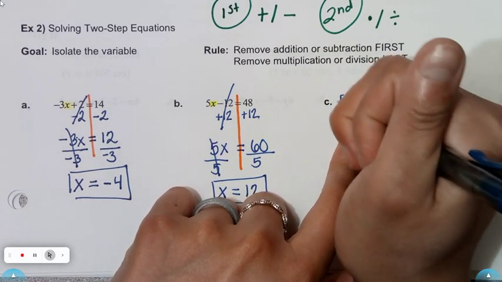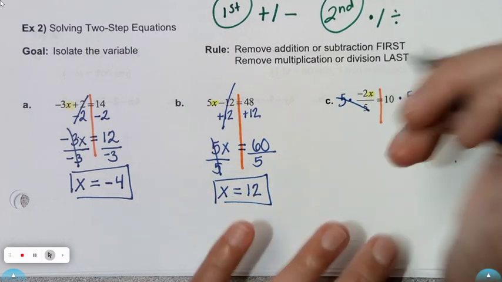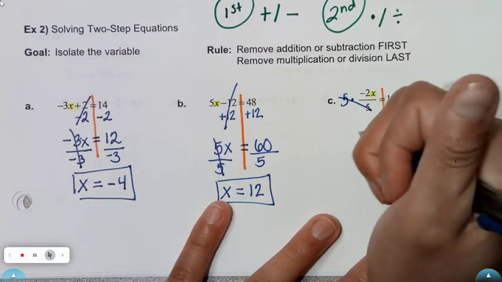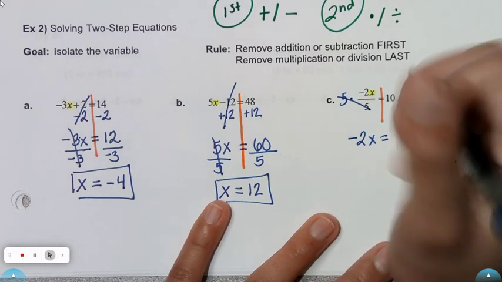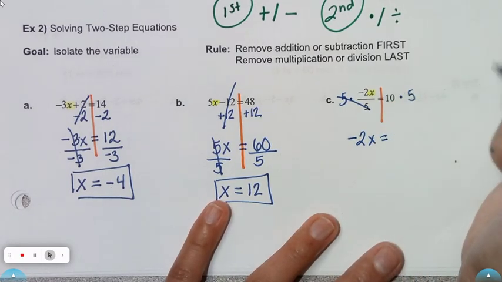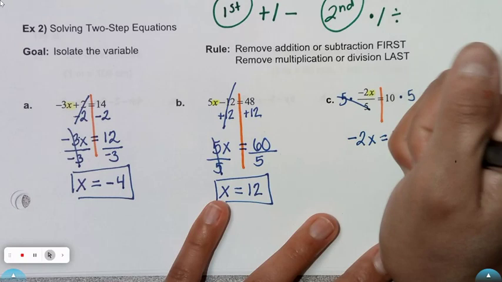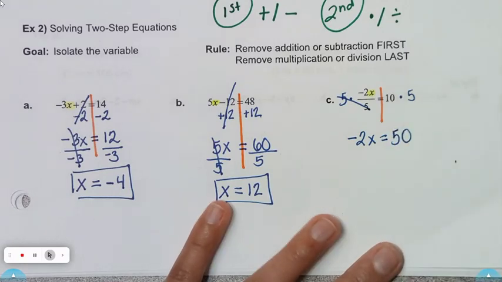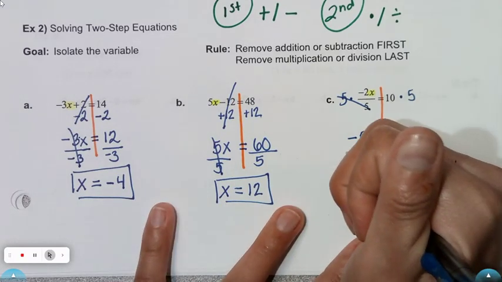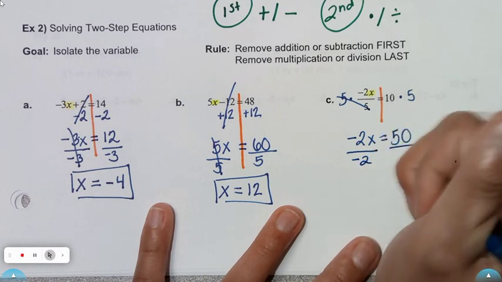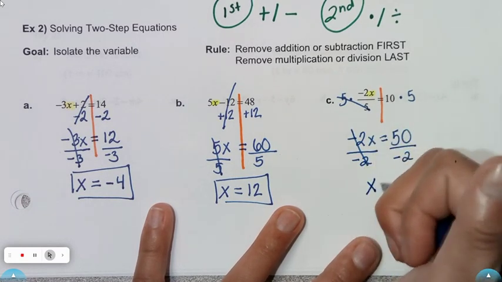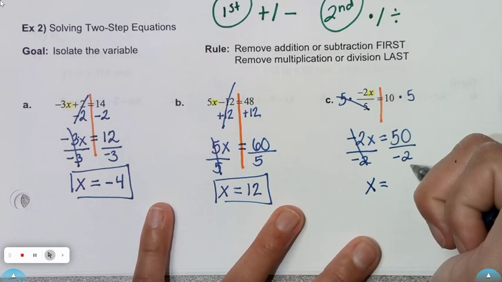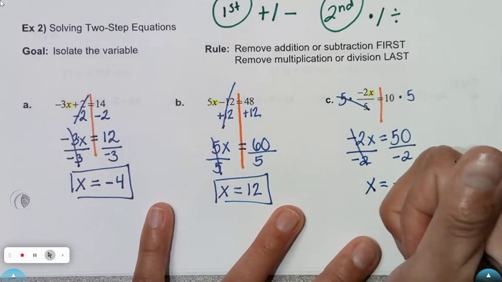The 5's cancel. I'm left with this -2x, my equal sign, and then 10 times 5, which is 50. My last step is to divide by -2, and I get x equals, and then 50 divided by negative 2 is negative 25.